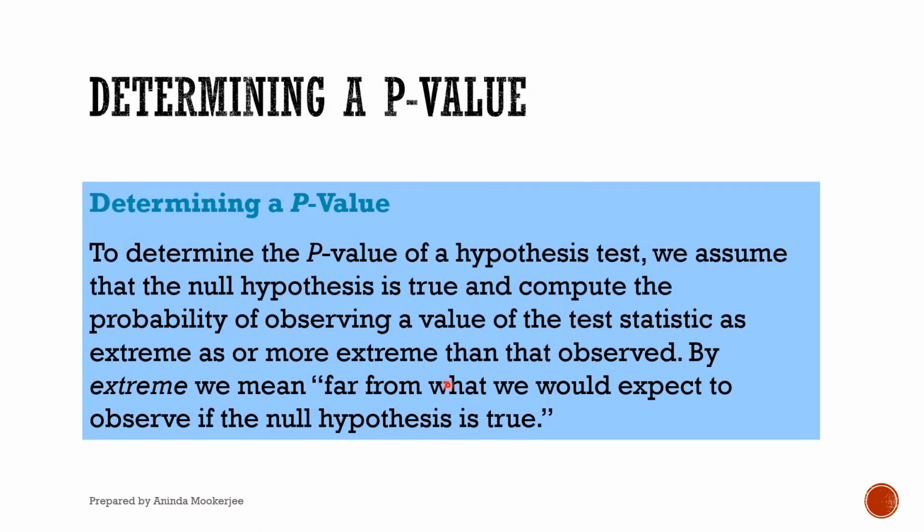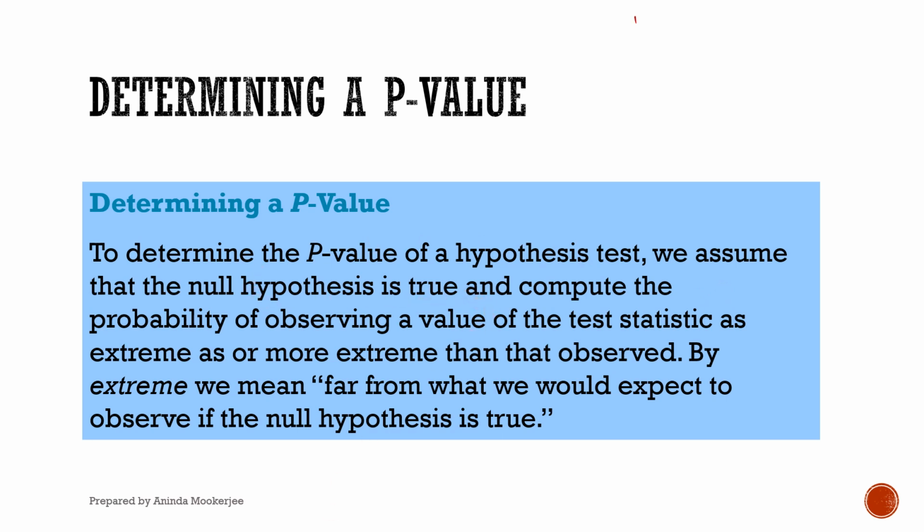Now we'll wrap up our study of the p-value approach in the next few slides. This is just summarizing what we already talked about, determining a p-value. So let's read through it. It says, to determine the p-value of a hypothesis test, we assume that the null hypothesis is true.